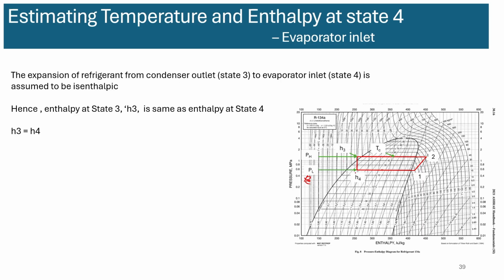And the temperature here would be the same as T evap. So at state 4, the temperature is T evap, the pressure is P evap, and the enthalpy is H3 equals H4. So we know the three main parameters that we need to calculate the rest of the thermodynamic properties.